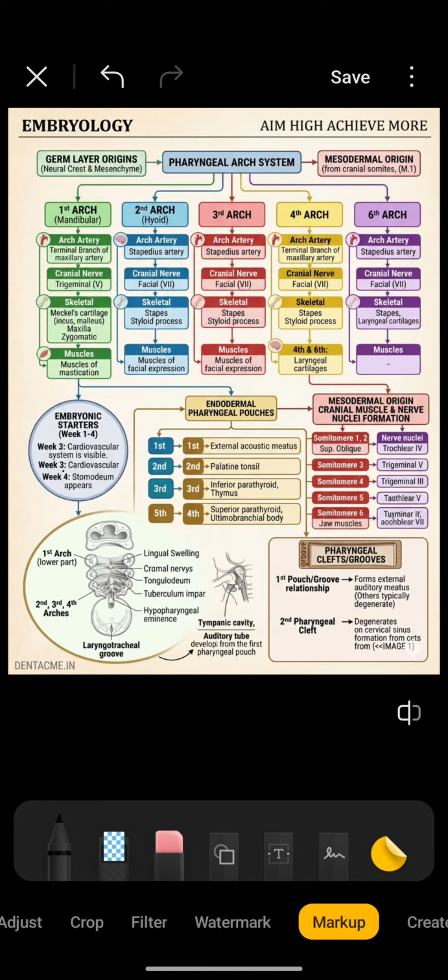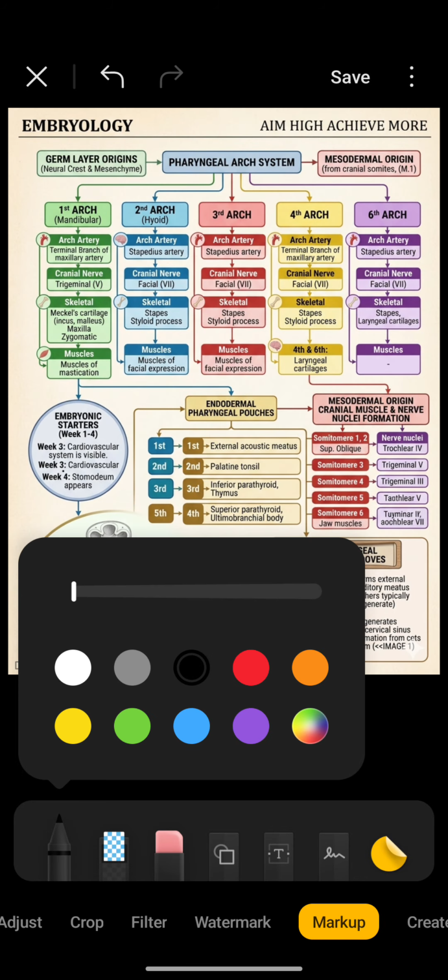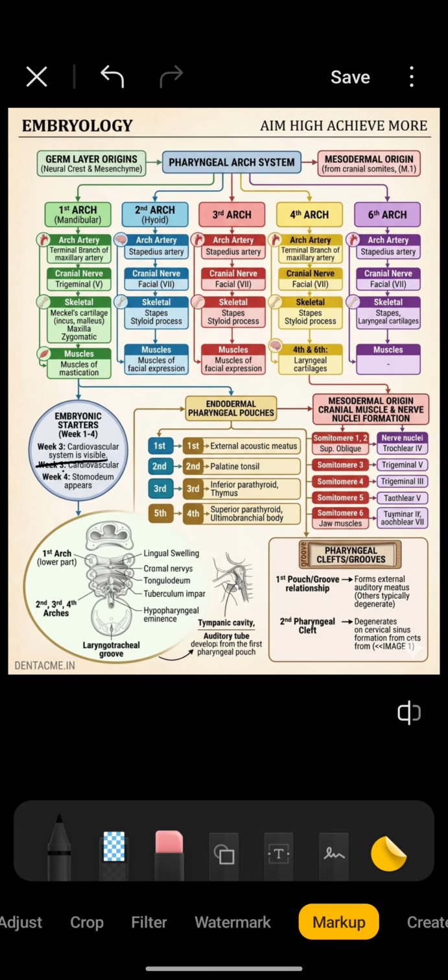In the third week the cardiovascular system is visible, and in the fourth week the stomatodeum appears. The stomatodeum is the primitive mouth, separated from the primitive pharynx by the buccopharyngeal membrane, that is the oropharyngeal membrane. This membrane ruptures at about 24 days.